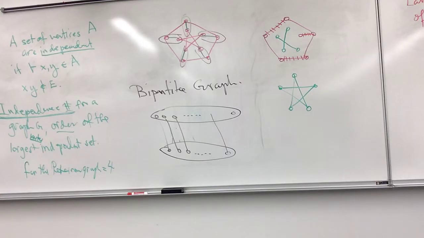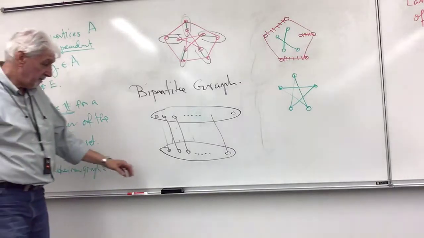Let G be a graph of order n greater than or equal to 2, let M be a matching of G at most. Well, are we assuming that this graph is connected?